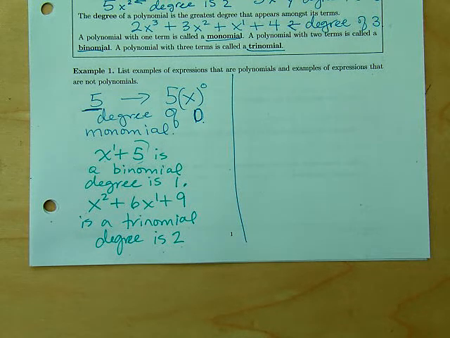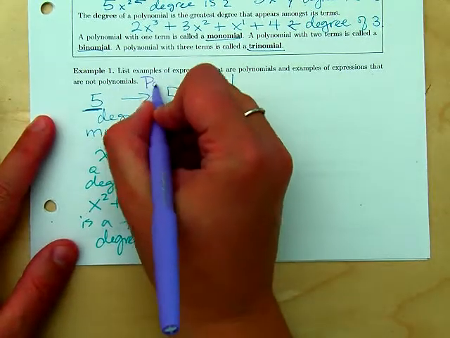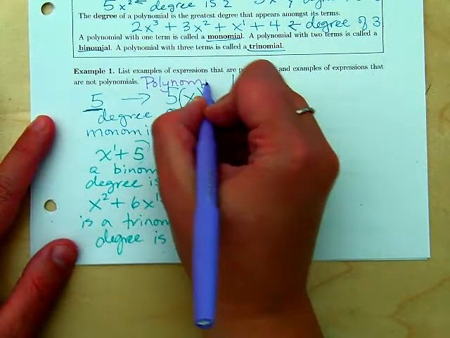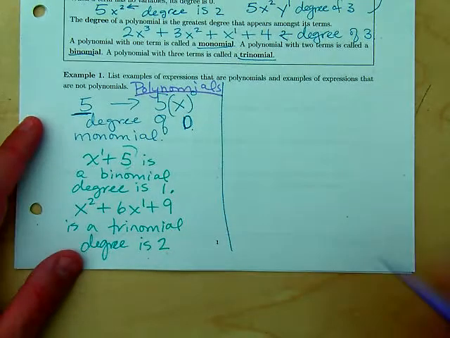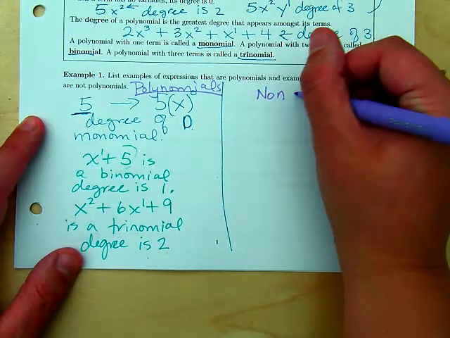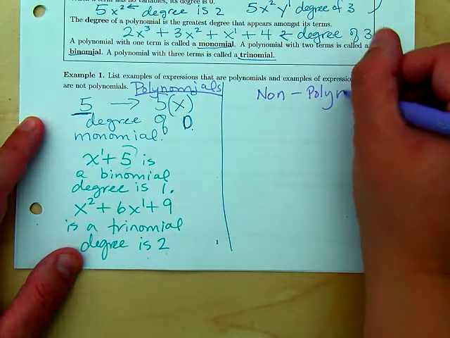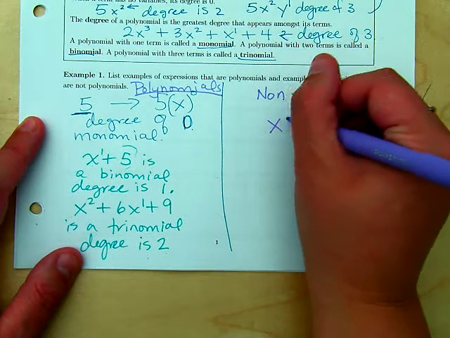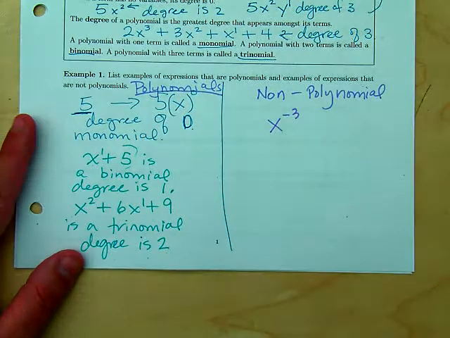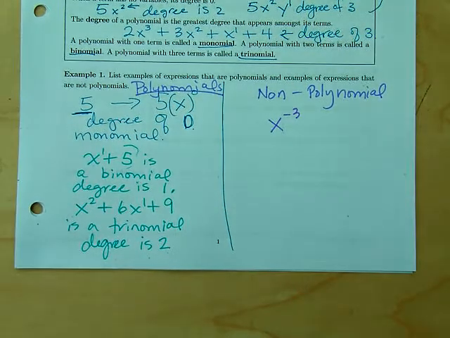Okay, so these are all polynomials. Now some non-polynomials. X to the negative 3 power is considered not a polynomial. Why isn't it a polynomial?